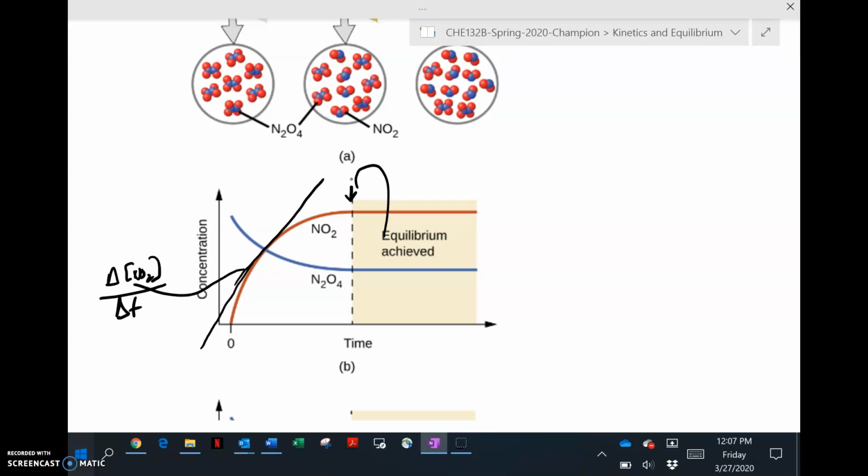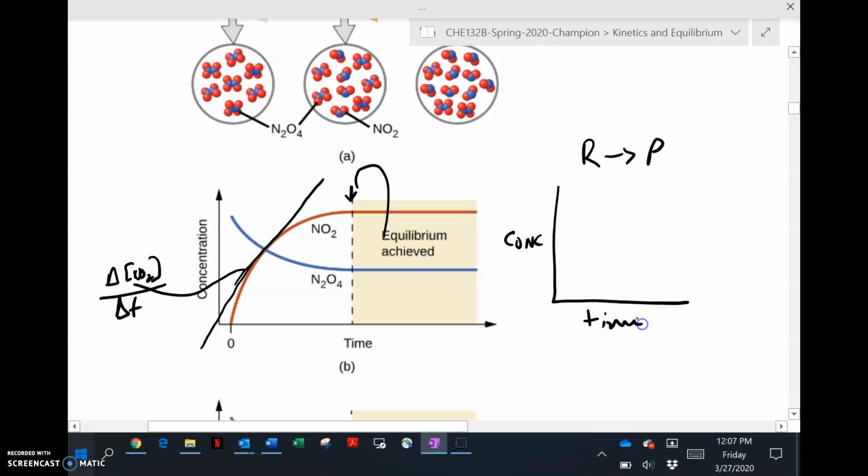With a standard reactant to product type thing, it goes until one thing runs out: R runs out, and P increases and stops increasing when R runs out. That doesn't happen here. It doesn't go to 0. 0 is down here, and this is not 0 for N2O4 up here.